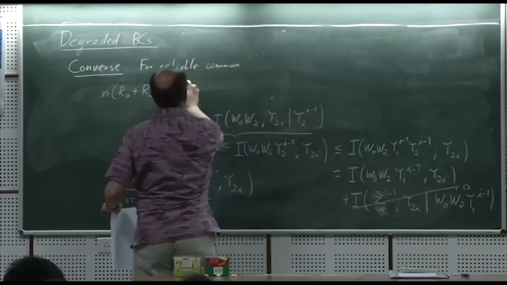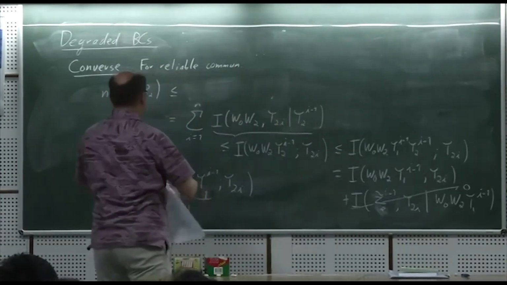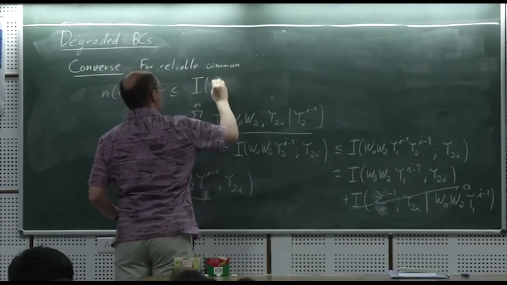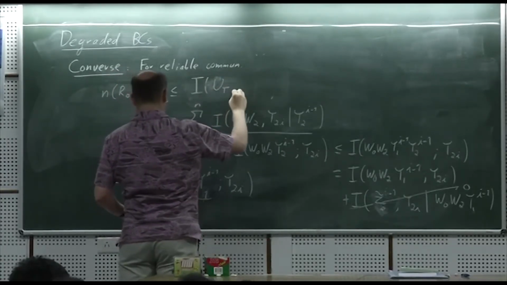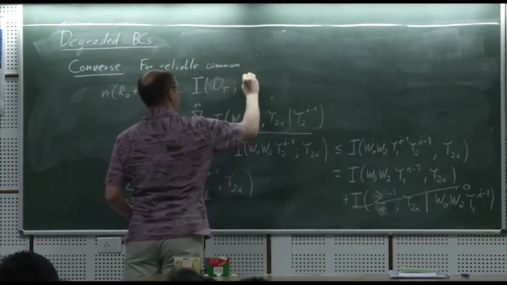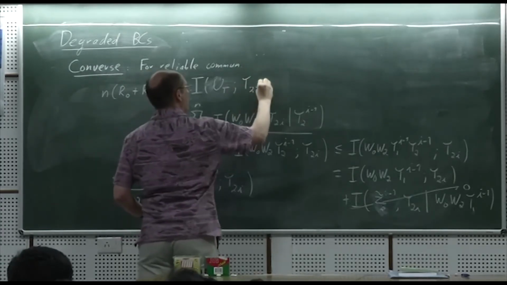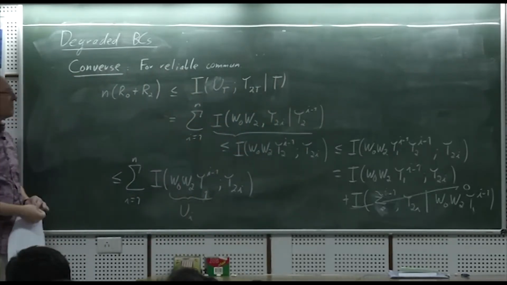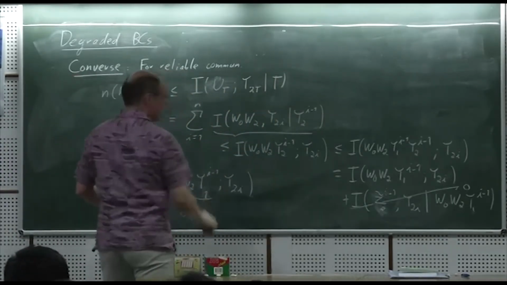So this whole thing is less than or equal to I of ut, y2t given t, where t is the same time sharing random variable we had before, times n.